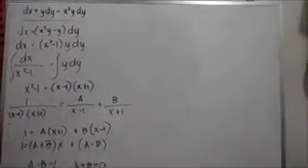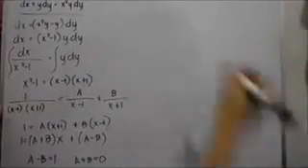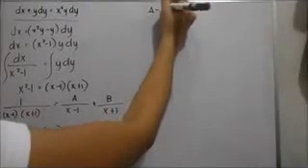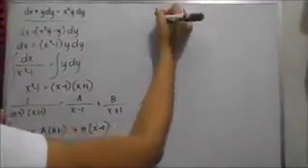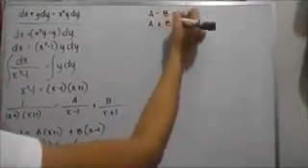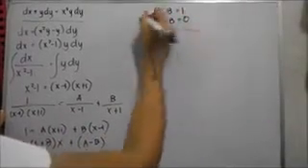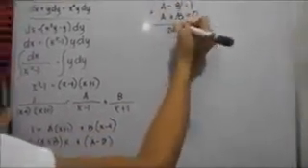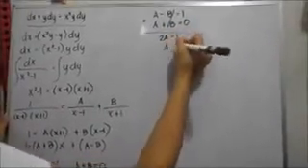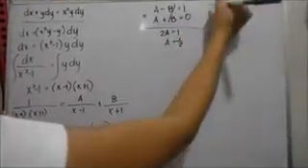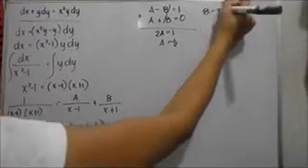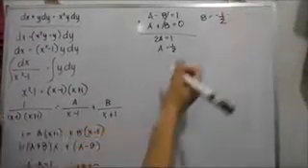In order to get the values of a and b, we need to use the elimination method. So a minus b is equal to 1 and a plus b is equal to 0. Add both, eliminate b: 2a is equal to 1, a is equal to 1 half, then b is equal to negative 1 half.